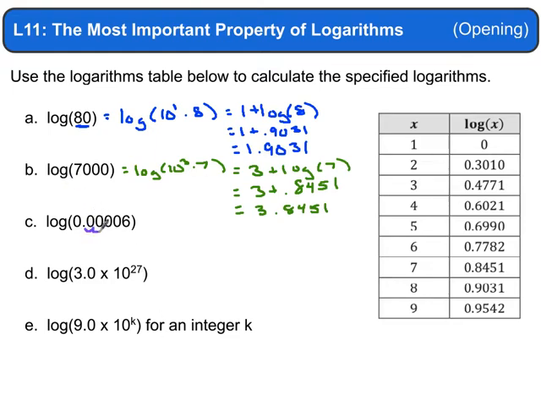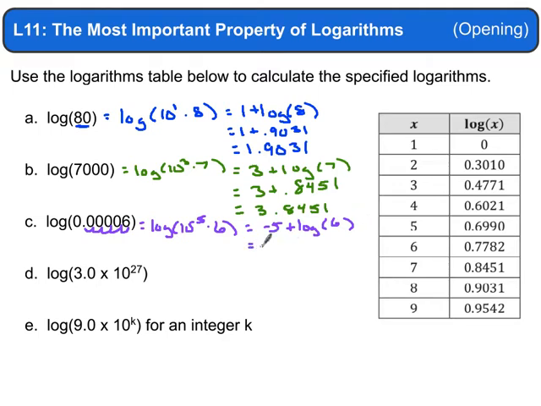Now again, we look at this one and we need to move our decimal place. So 1, 2, 3, 4, 5 places. So this is the log of 10 to the negative 5th times 6. So we'll do negative 5 plus log 6.